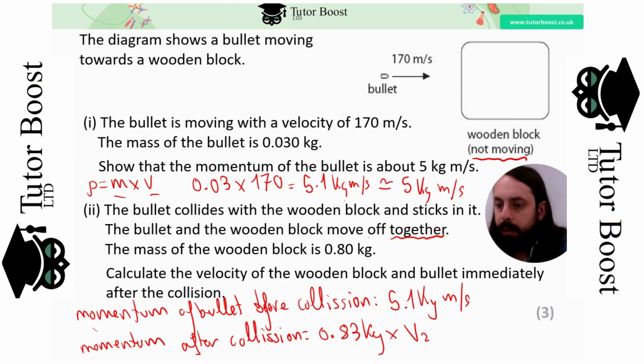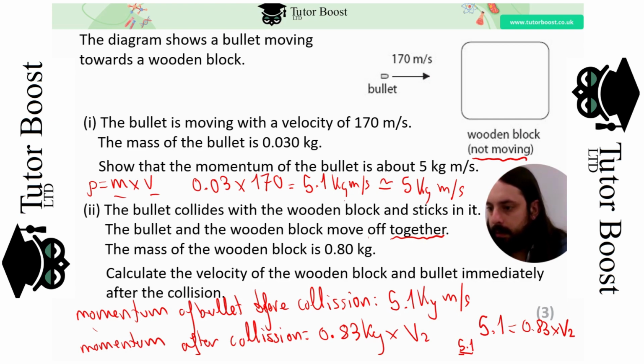So now the only thing you need to do is divide 5.1, which is momentum after. We're doing 5.1 equals 0.83 times V2.